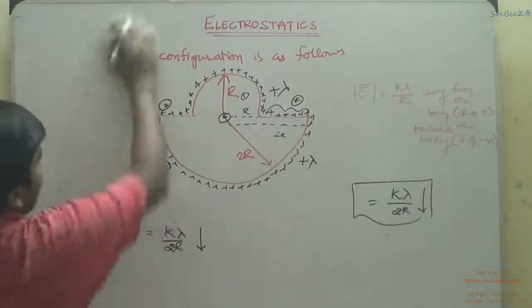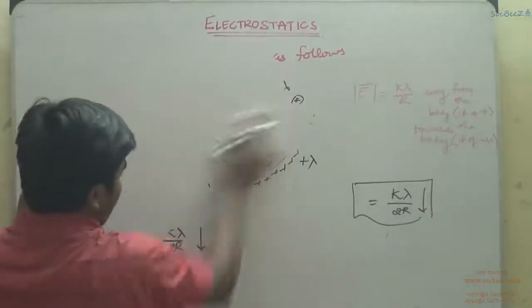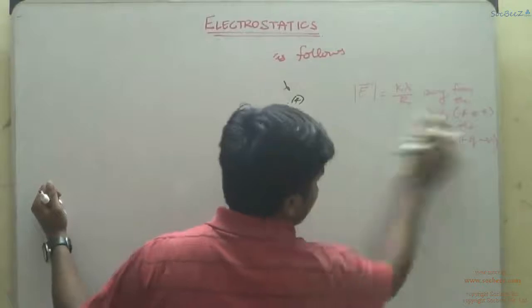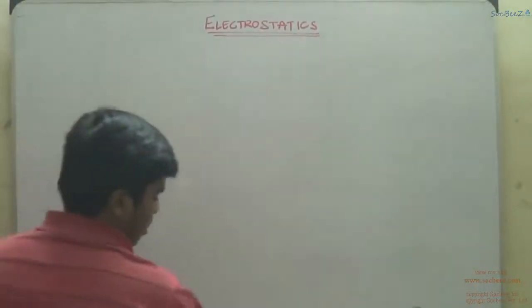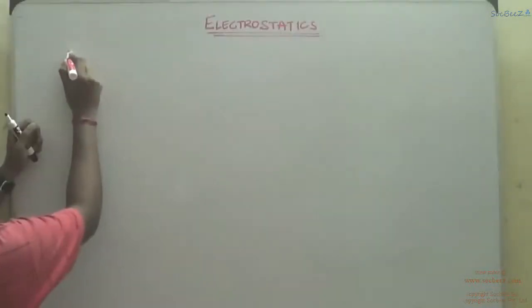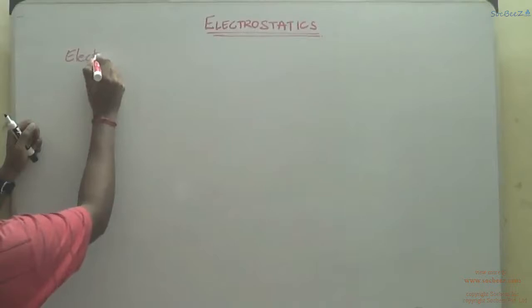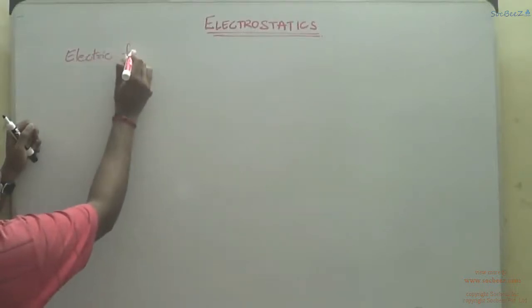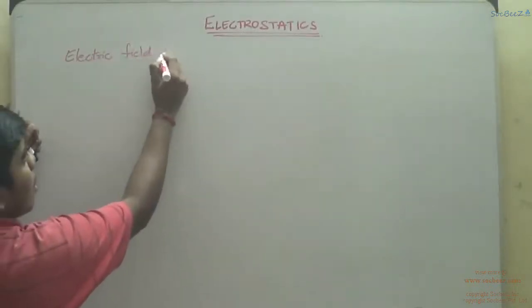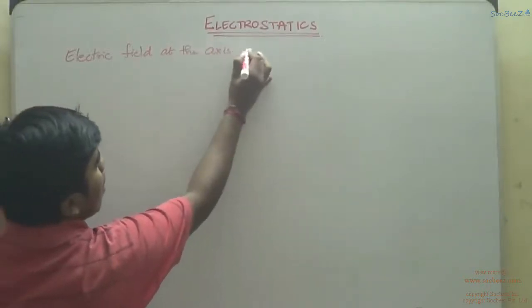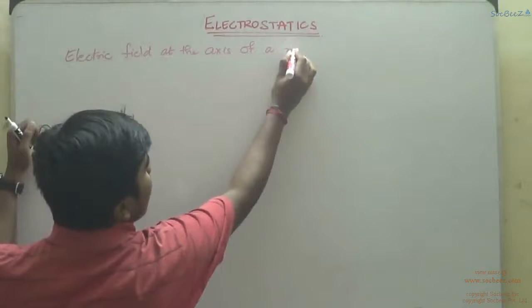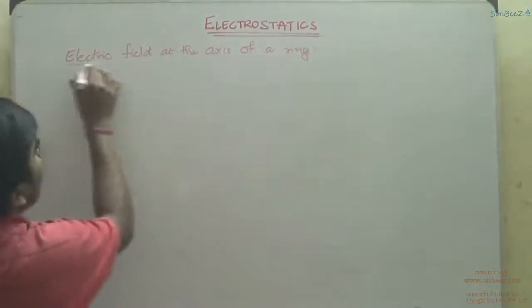Now let's go on to use our earlier concepts to derive a few results. We are going to find the electric field at the axis of a ring.